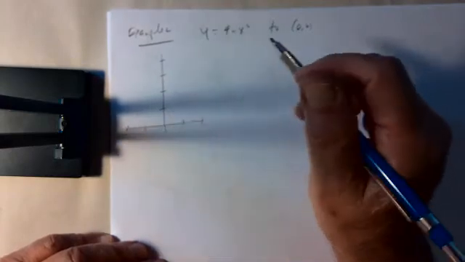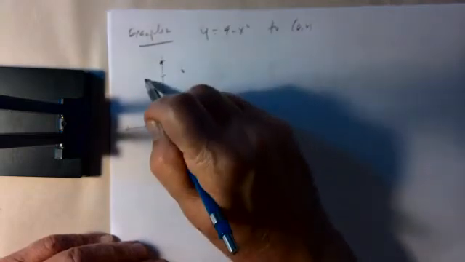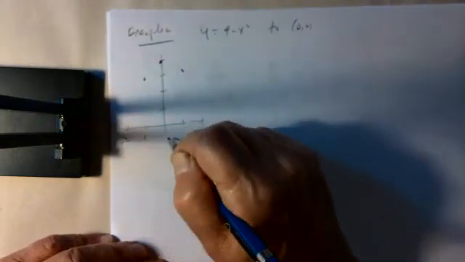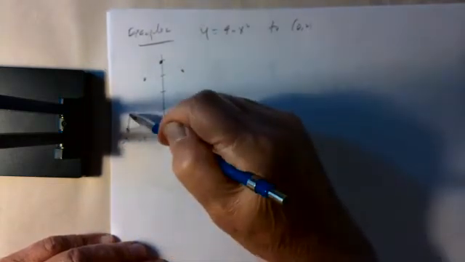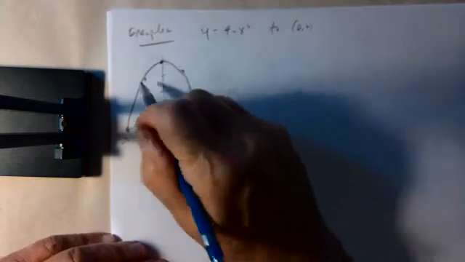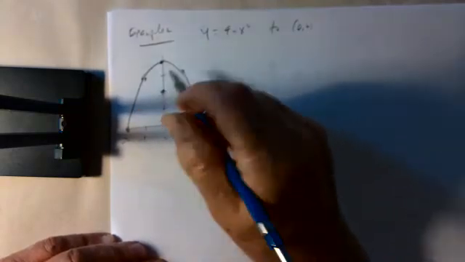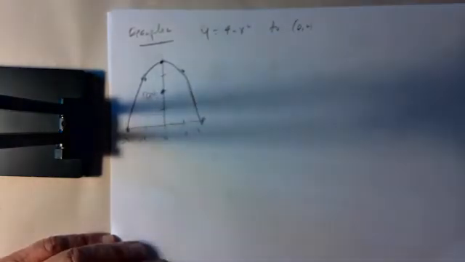So if we sketch this parabola, it's 4 at 0, it's 3 at plus or minus 1, it's 0 at plus or minus 2. This is my parabola. Here is the point (0, 2).